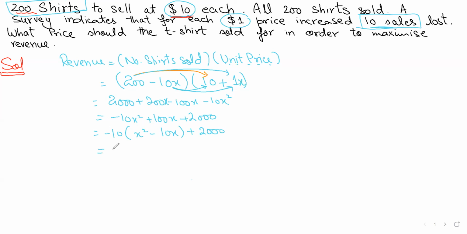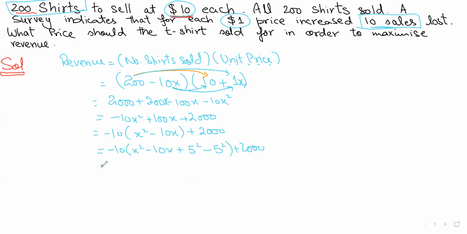I'm going to write negative 10 times x squared minus 10x. What is the half of 10? It's 5. And the square of 5, one time positive and one time negative.